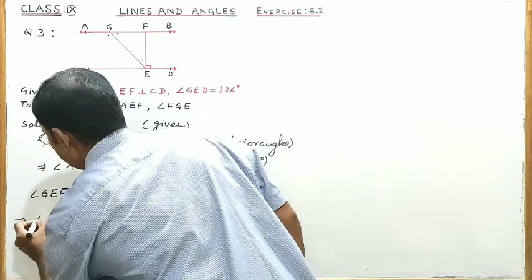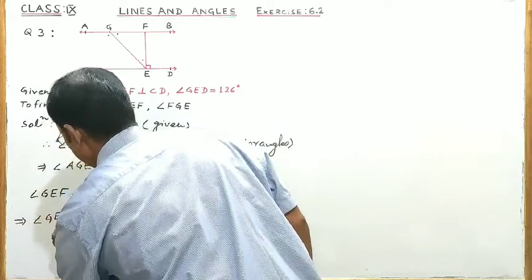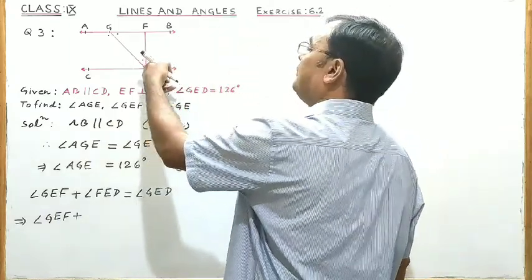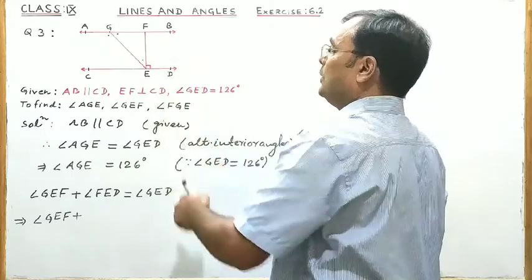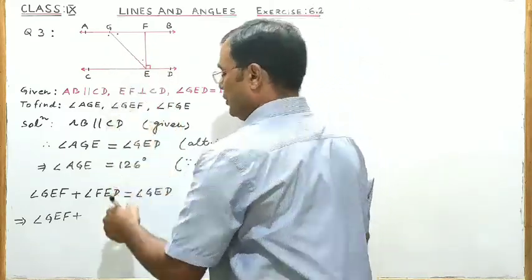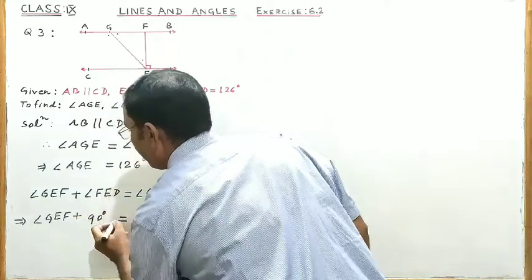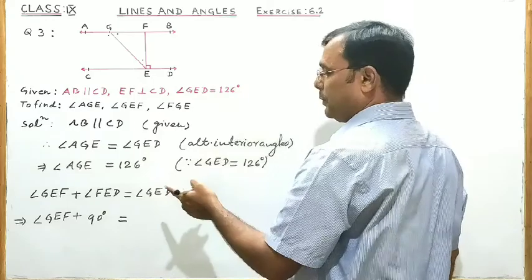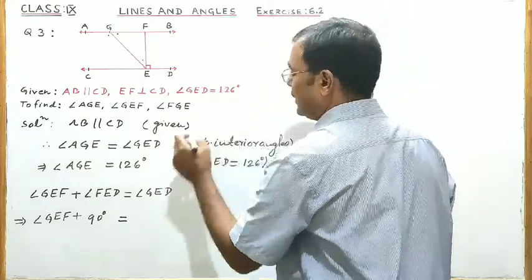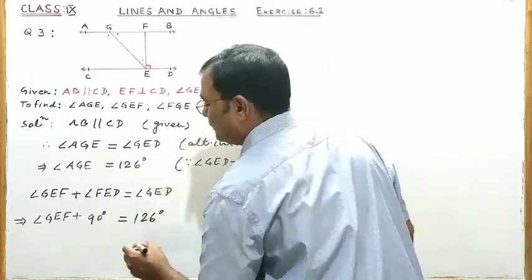This implies angle GEF plus angle FED. This angle FED is equal to 90 degrees because EF is perpendicular to CD. So angle GEF plus 90 degrees is equal to GED, which is already given 126 degrees.